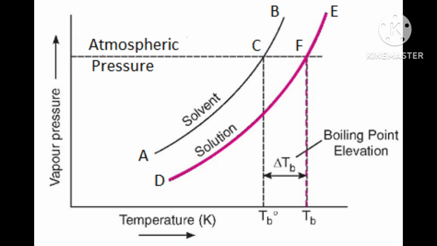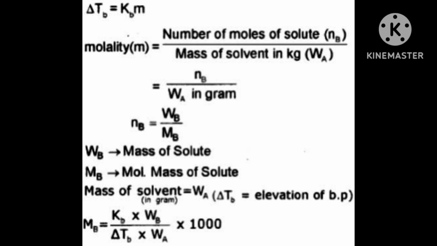Now the denominator term you reverse, so M1 goes upside and W1 goes down. This is the final expression: relative lowering of vapor pressure is equal to W2 into M1 in the numerator, and M2 into W1 in the denominator. You can easily do all this, not a problem.